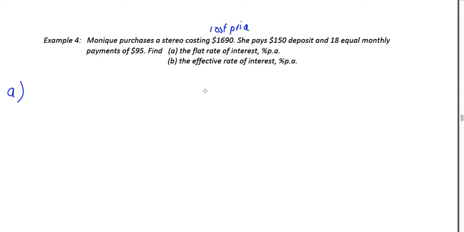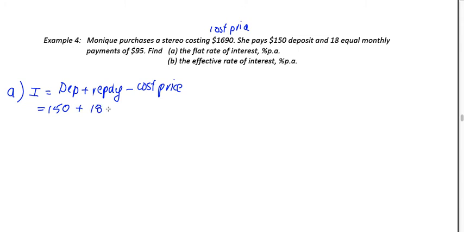First of all, we need to know how much interest has been paid. And interest is deposit plus repayments minus cost price. This is $150, that's a $150 deposit, plus 18 installments of $95.